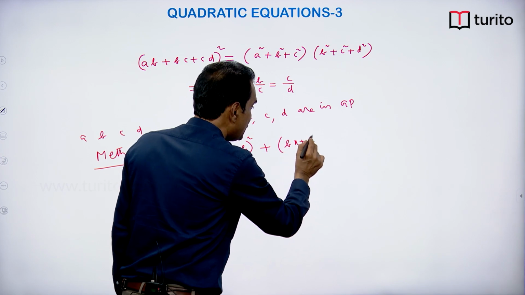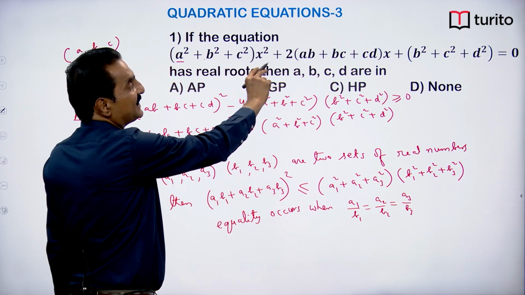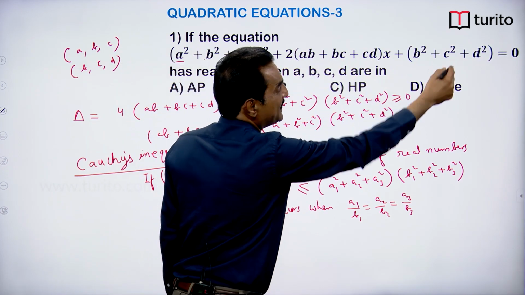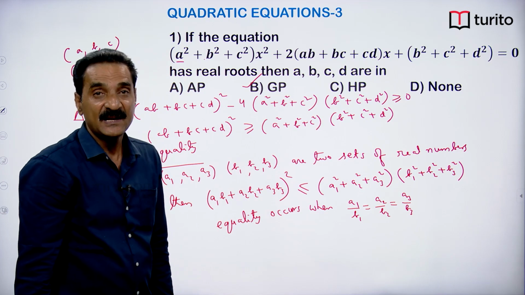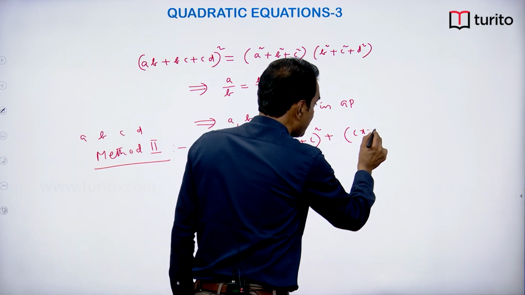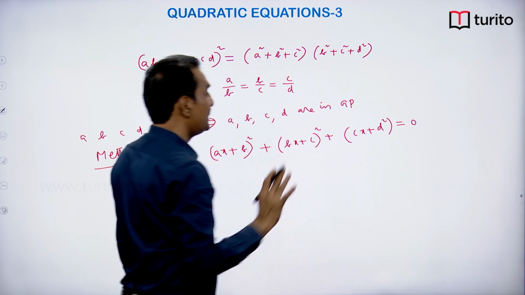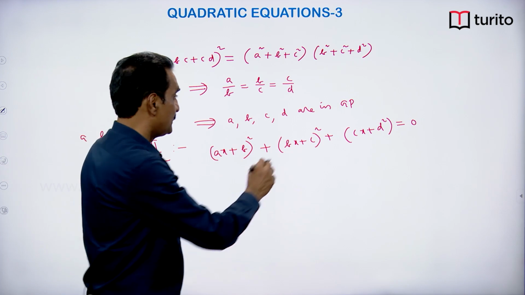And similarly, the third term c square x square plus 2cdx plus d square is (cx plus d) whole square, is equal to 0. This is the given equation.